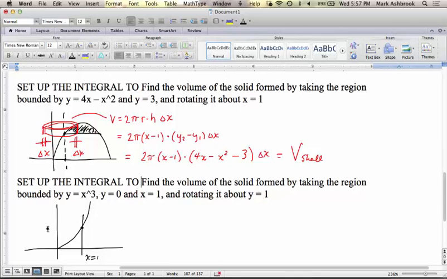Solve for y versus solve for x, like get rid of y. So if we're going to do shells this way, is it going to be delta x or delta y?